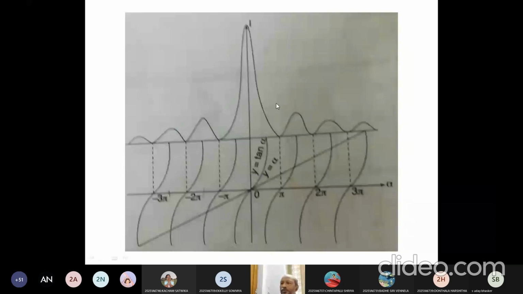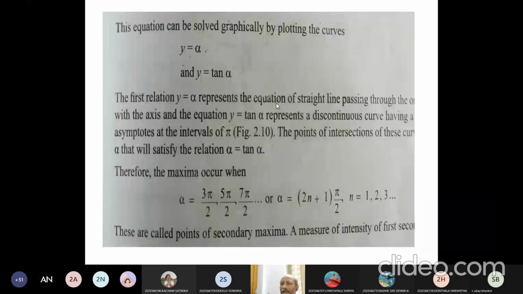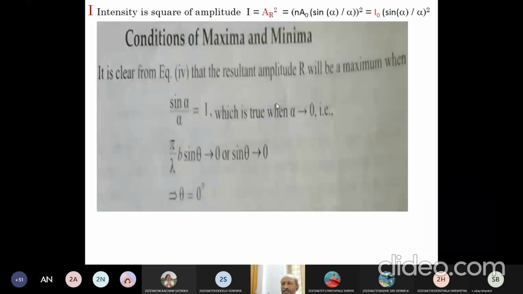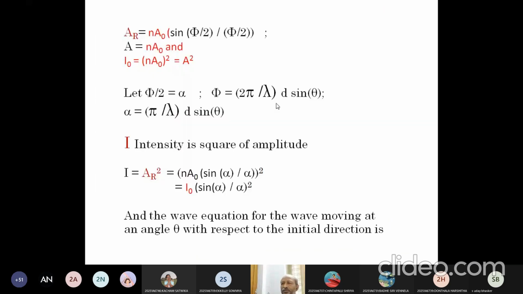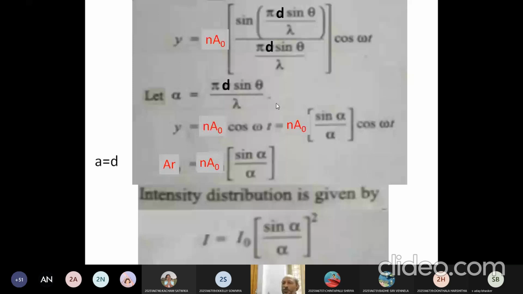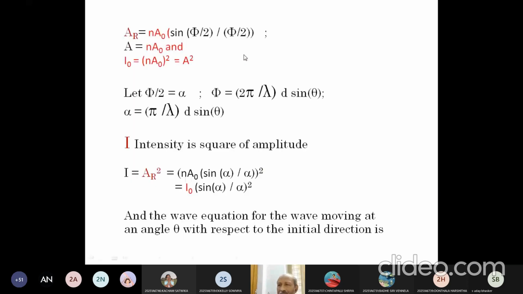Now let us try to give a mathematical expression for these conditions. What you see here, all this is your A, capital A, n A naught sine alpha by alpha. I'm considering it as a wave. Initially I considered it only as the amplitude.